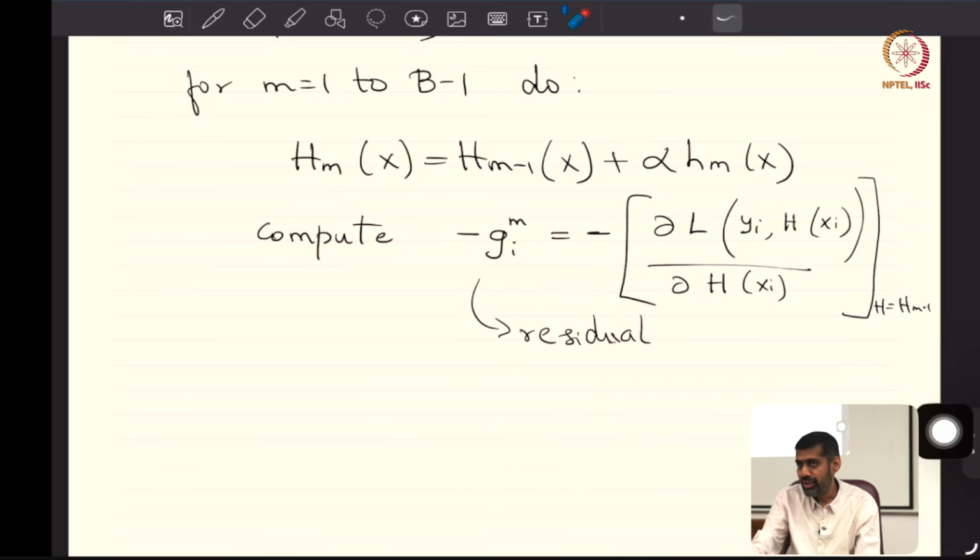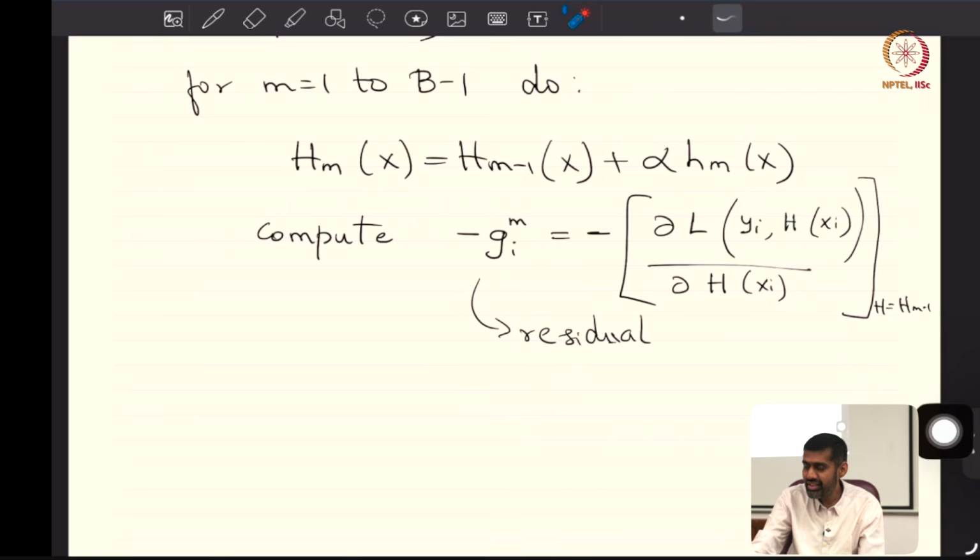Now, there is one missing piece that I have not told you. I was waiting if some of you would ask that question. How do we find this derivative? This loss function is a function of y and h, because that is how we define the loss function.